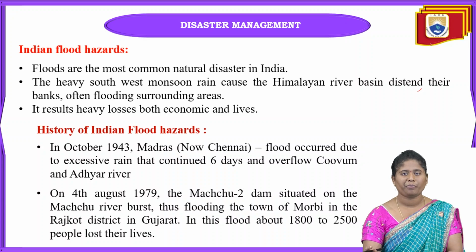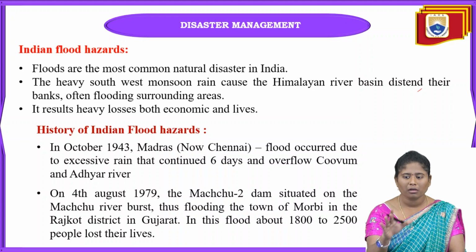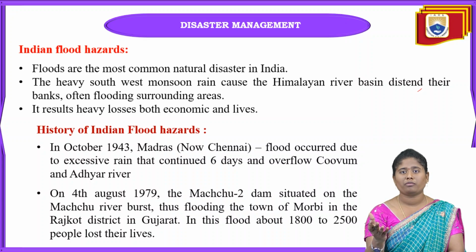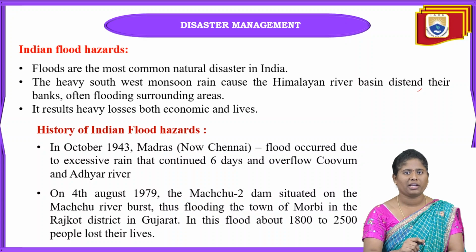In yesterday's class I already told you that if a dam takes in water, maybe from heavy rainfall, and we store that water in the reservoir, it can take it only up to some capacity. After that capacity, it cannot take any more, and we have to release the extra water from the reservoir towards the downstream by using the dam gates.